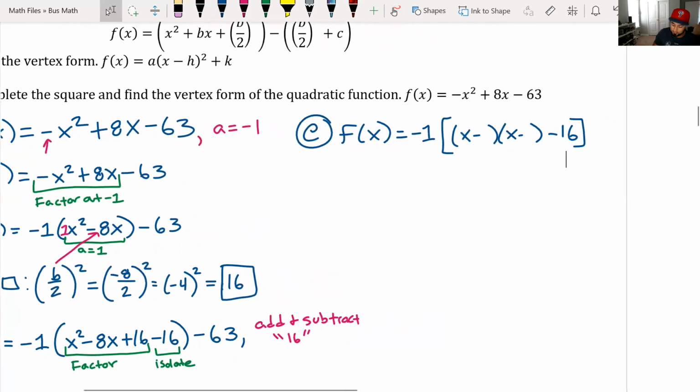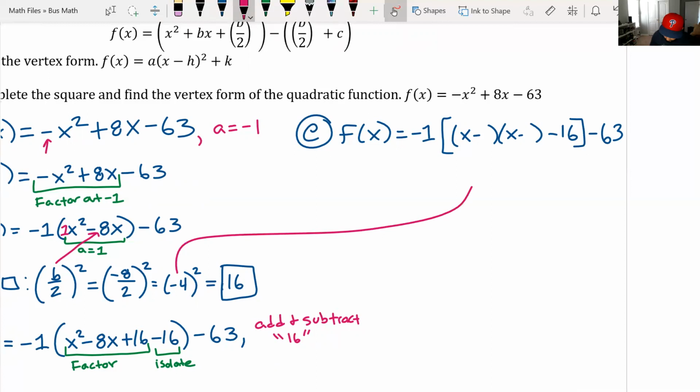And then, of course, the 63 that's waiting outside for us. Okay, we've seen this trick before. What number goes in the parentheses? That -4. That's what we squared, right? So you'll get -4, -4.